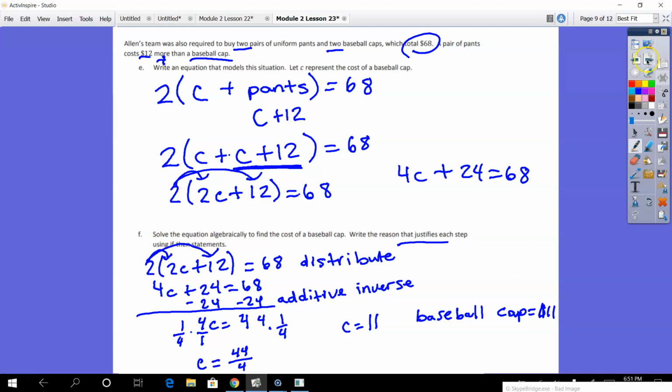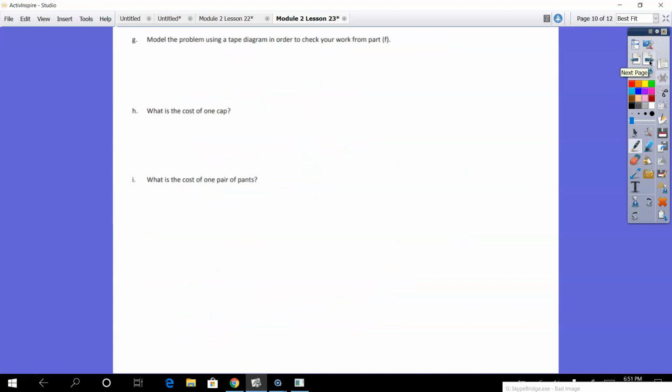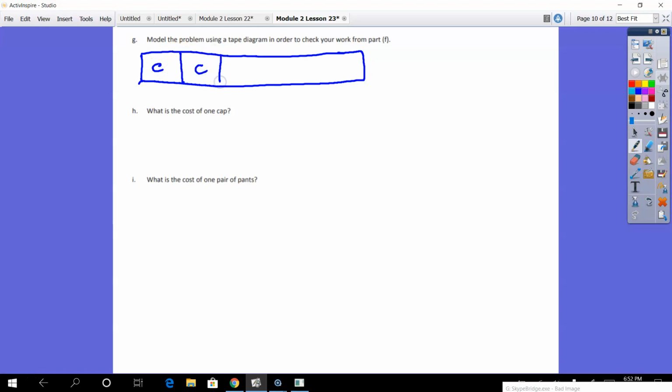So we always have to go back to see what our letters represented and what it actually meant. Okay, so then model the problem using the tape diagram. Okay, so we bought 2 caps.